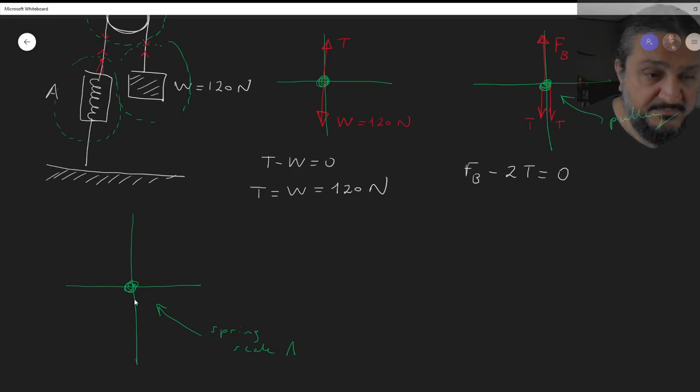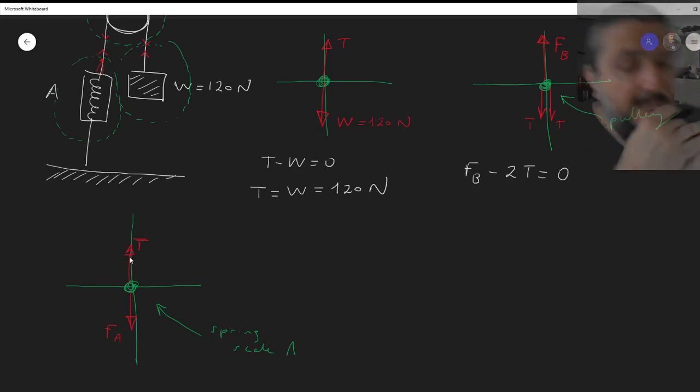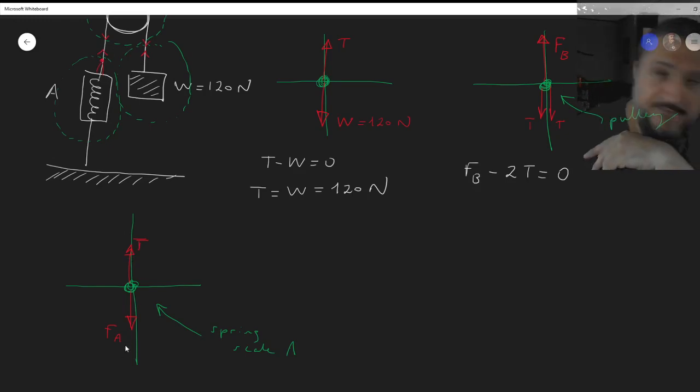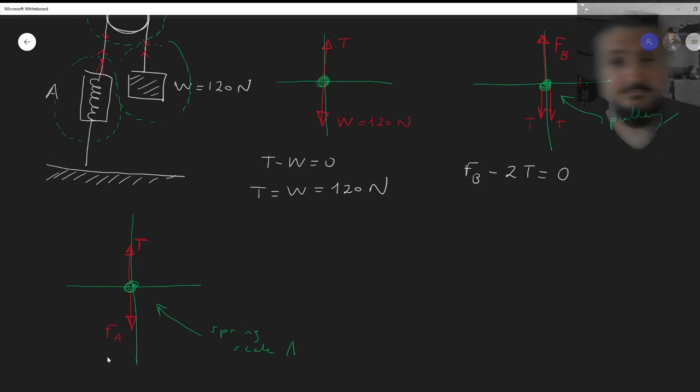FA, and I have T here. Basically the arrow up here is what I include in the free body diagram. And the force in the spring, FA, I just put it over here.